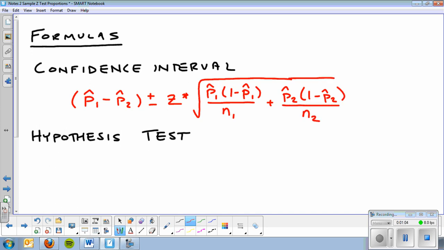Not that bad, and it's on your reference sheet, so there's some help there. Okay, so that's for a confidence interval for a difference of two proportions.